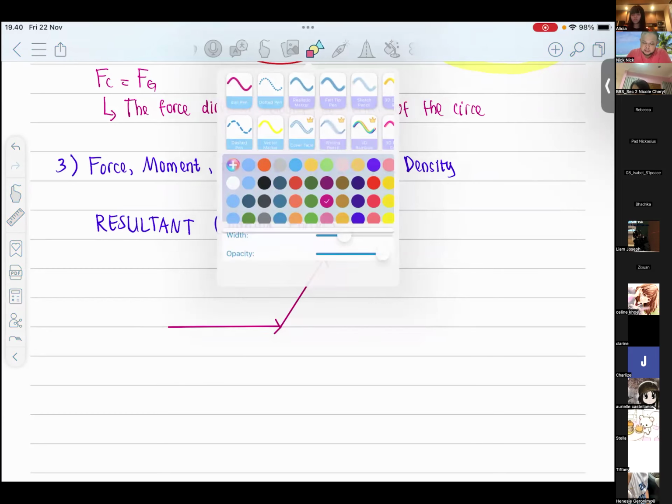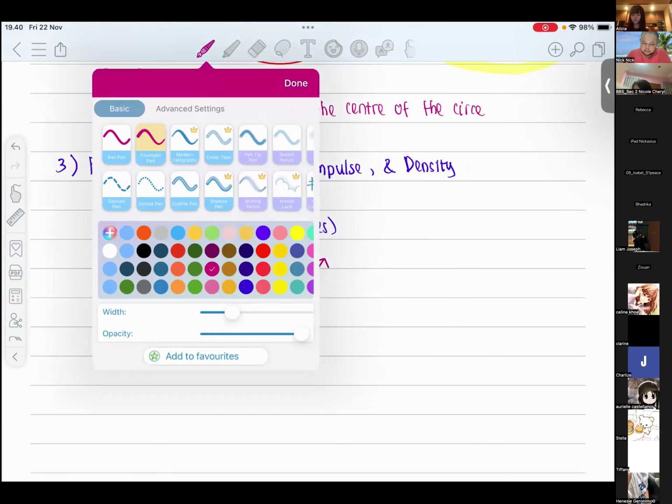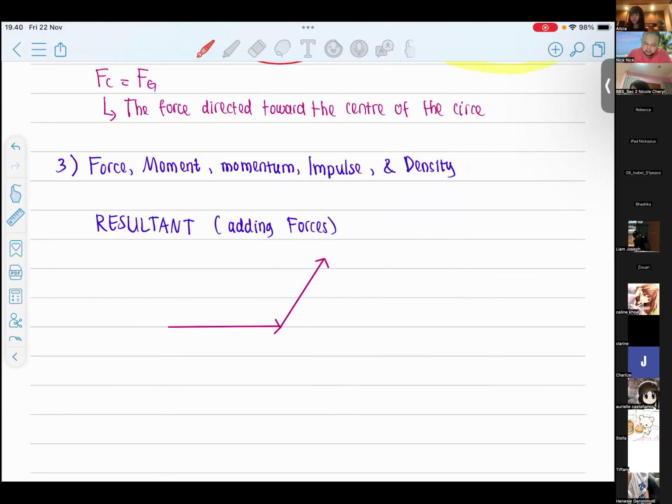How do you make this resultant, students? If the case is like this: this is A, this is B, this is C. The starting point is at A, and the final position is C. So the resultant is A to C or C to A.